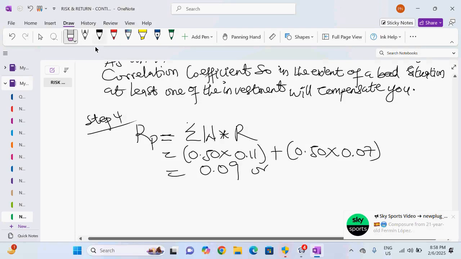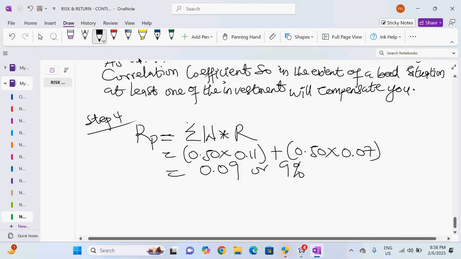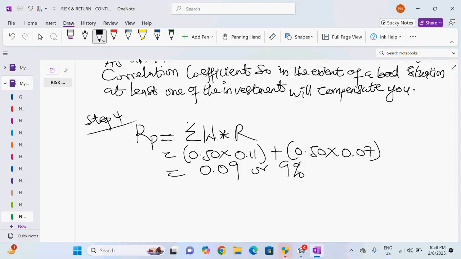See, the 0.11 is the expected return, not the return. Yes, but note that the portfolio is talking about two or more investments, right? To make it more clear, let me make this one expected return.